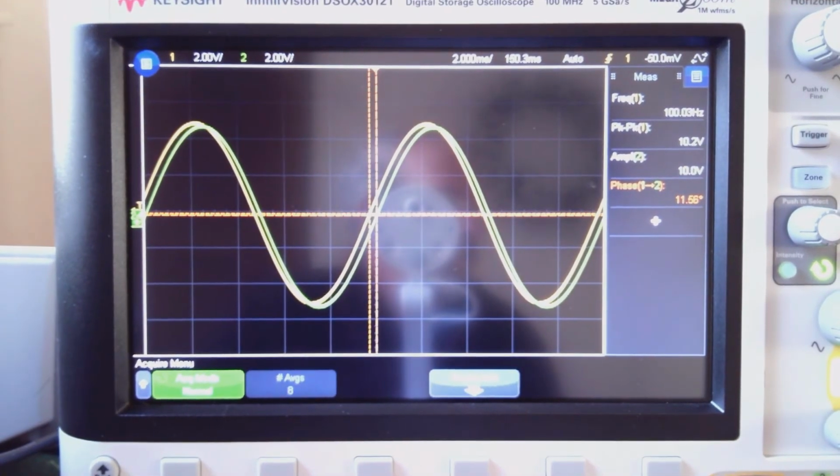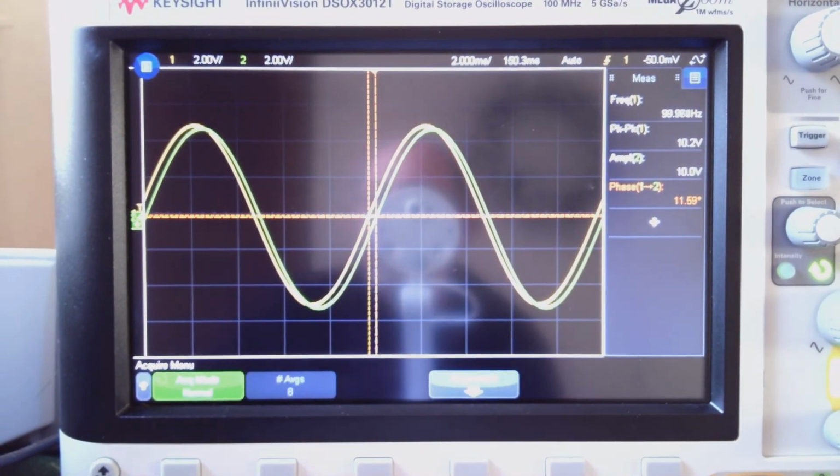So right now we have an input signal of 10.2 volts. Let's just say that's 10 volts. Output amplitude is 10 volts or 9.9 volts at a frequency of 100 hertz. If you go to the experiment, we want to make measurements of the various outputs and phase angles, and that's the other thing you see on the scope.